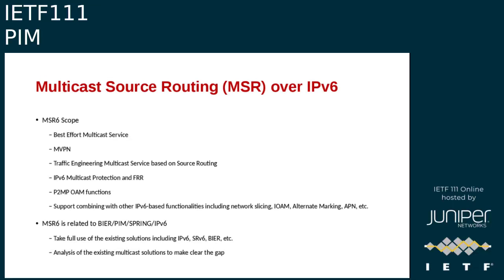This is for the MSR scope for the best effort service, traffic engineering service, and overlay service, including MVPN. And also we have reliability and OAM. We also need to take into account combining with other IPv6 based functionalities, including network slice, IOAM, alternate marking, APN, etc. Also this tries to make use of the existing solutions as much as possible. Okay, next page.